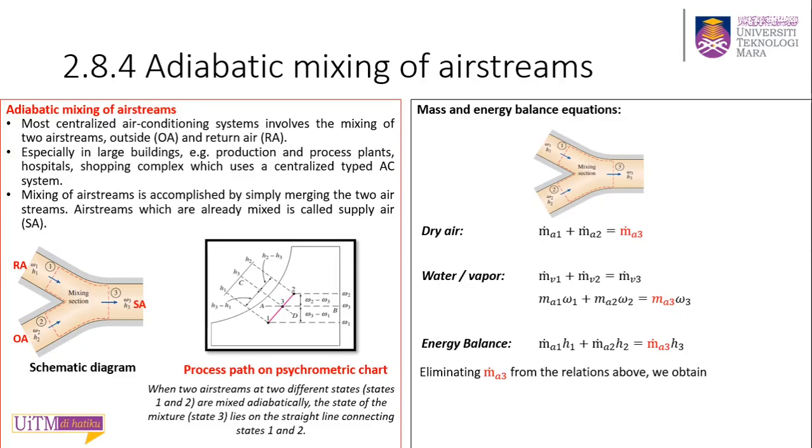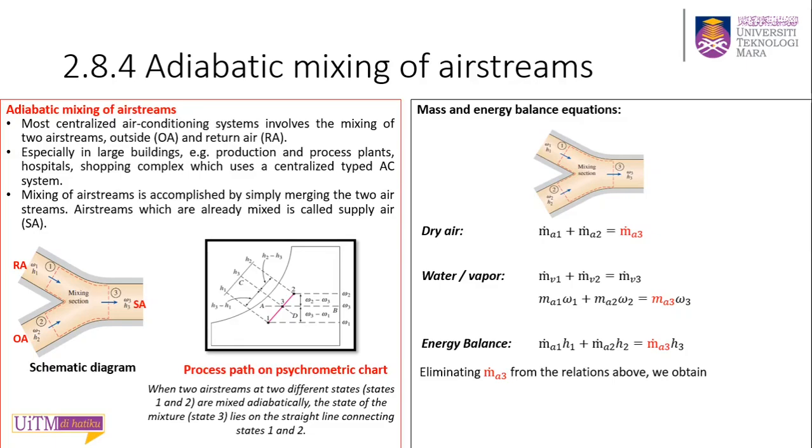For mass and energy balance equation, for dry air and water vapor, since mixing is involved, the equations are based on the conservation of mass principle, which states that mass entering the system must be equal to the mass leaving the system. For energy balance, from the general SFEE, the equation is reduced to as shown in the slide.